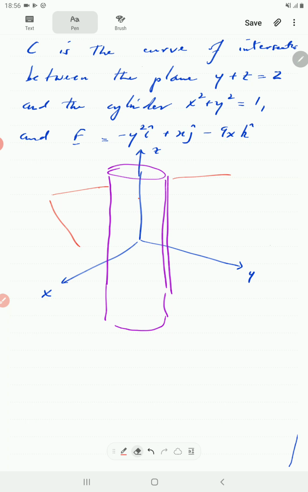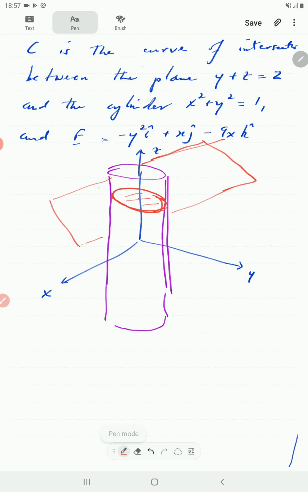But actually this plane is going to be slanting the other way. And then it's slicing this cylinder somewhere there. So we're going to have an elliptic type of curve there, and this is the region we're actually interested in.